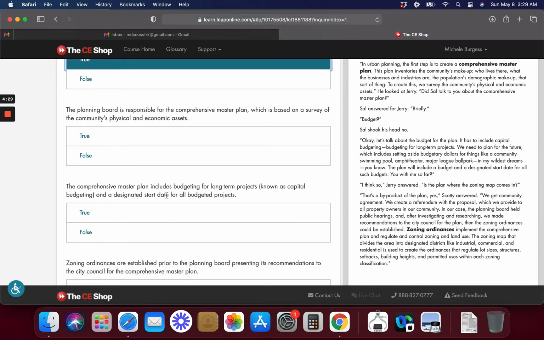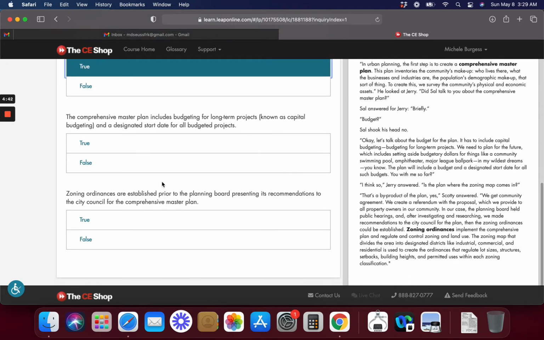The planning board is responsible for the comprehensive master plan, which is based on a survey of the community's physical and economic assets. I think that's true. I have not taken this study course before, so I don't have all these answers memorized, but let's see from reading this little thing over here.